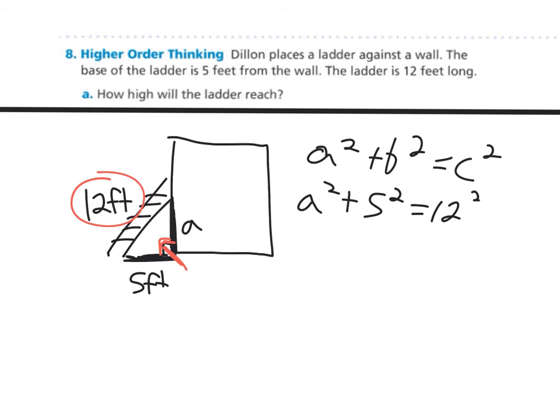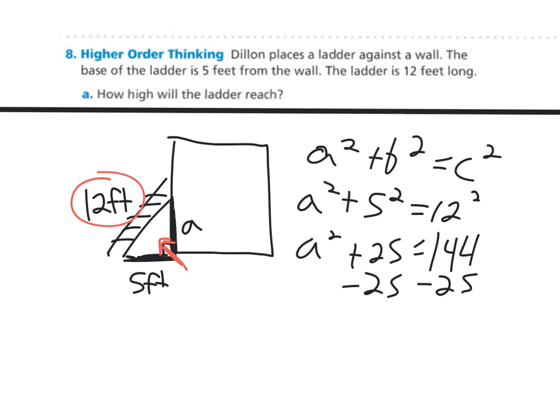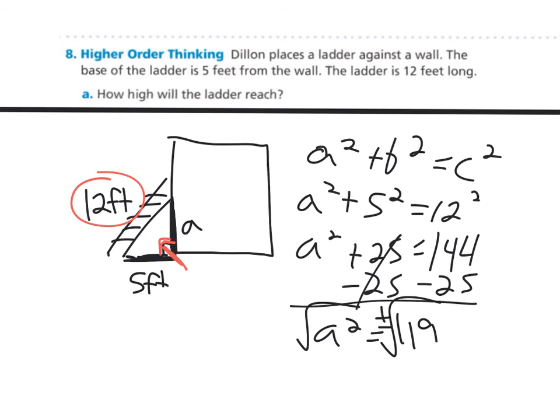12 is the hypotenuse. We square those, and then they're adding. We can subtract 25 on both sides. And that's 119. And then they're squaring, so we can do the square root plus or minus, even though we know a negative answer is not going to work.